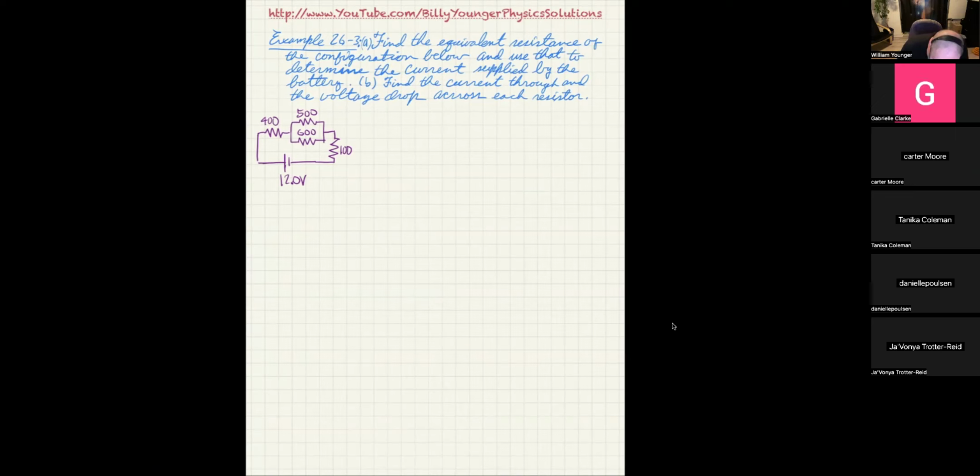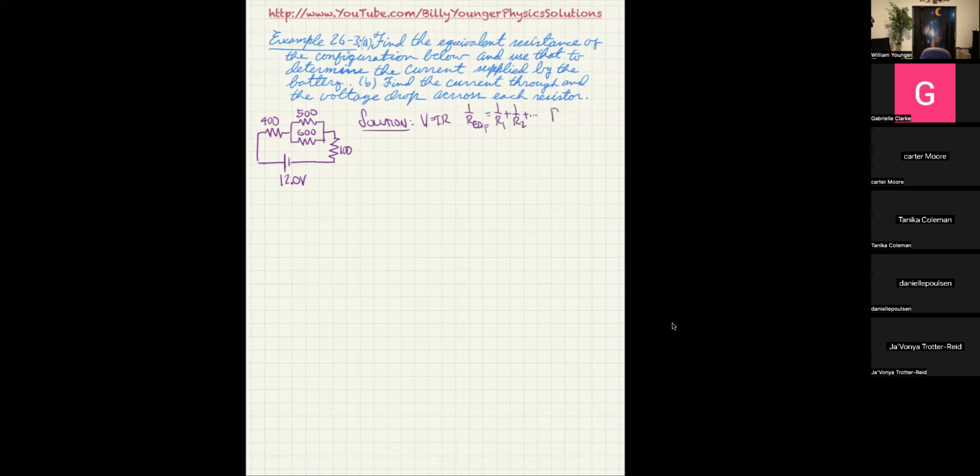So what I'm going to do is say, for starters, solution, and I'm going to put our formulas down. So V is equal to IR, that's Ohm's law. 1 over R equivalent in parallel is equal to 1 over R1 plus 1 over R2 plus dot, dot, dot.